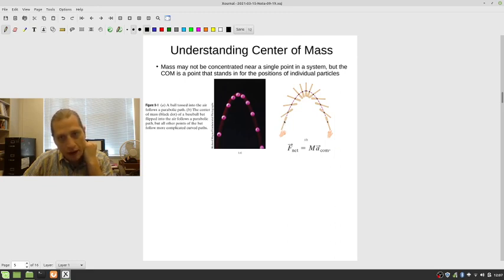And so if you flip a bat up, you can see it's spiraling around, but there should be a point on here that is following our normal 2D projectile motion of a parabola. Okay, so that's the key idea: the center of mass is going to be a place that continues to follow the sort of simple motion that we've already studied.